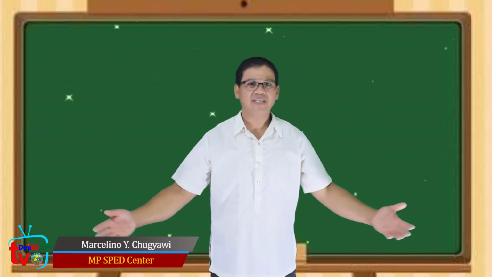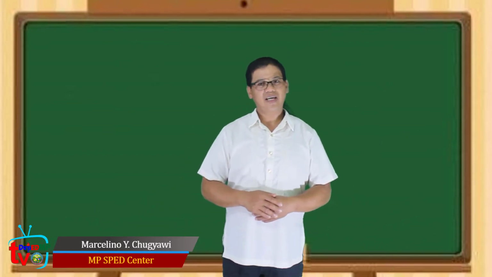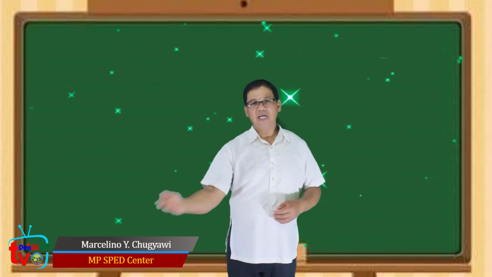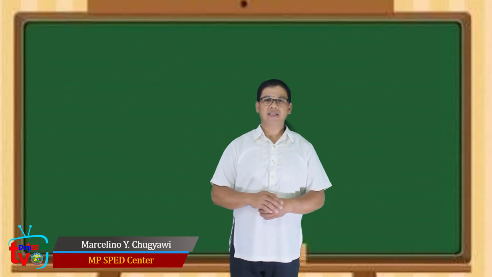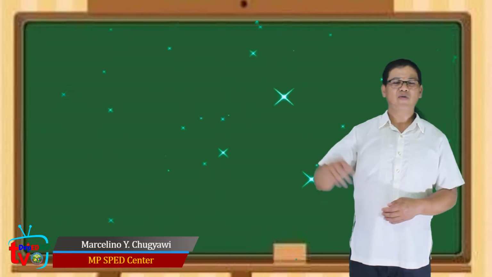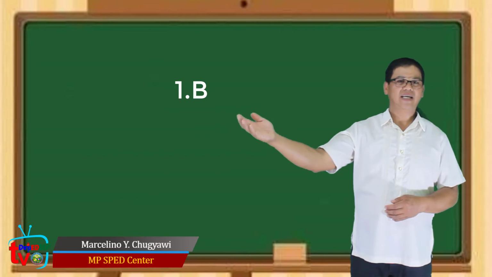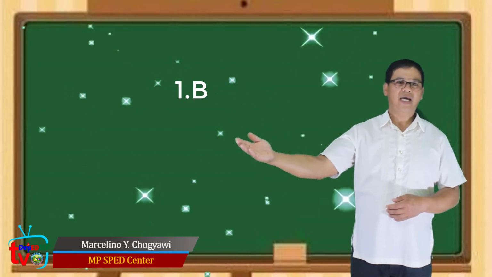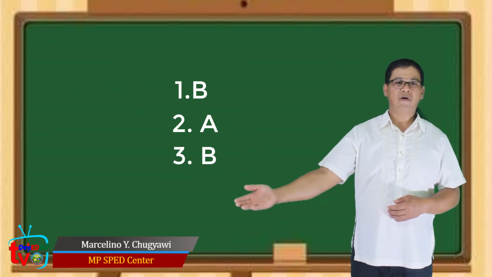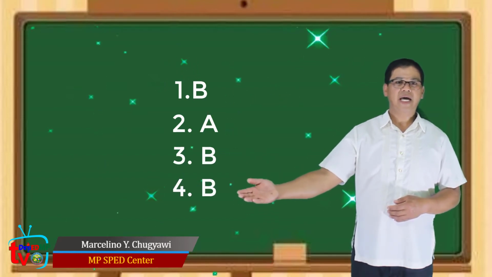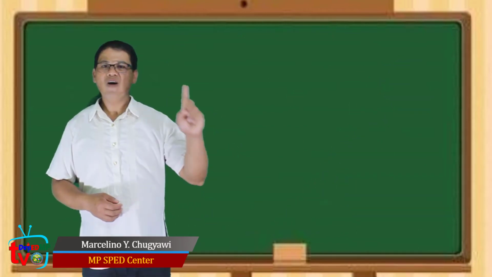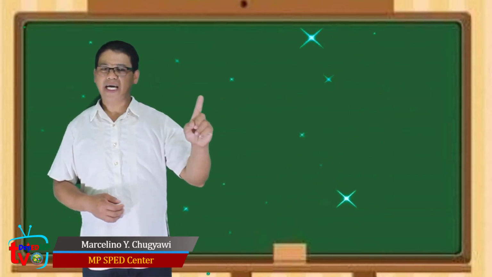Were you able to answer the questions? Let us check your work. Be honest, okay? Put a check mark on the number if you got it right and an X if not. Number 1, B. 2, A. 3, B. 4, B. And 5, C. How many check marks did you get?